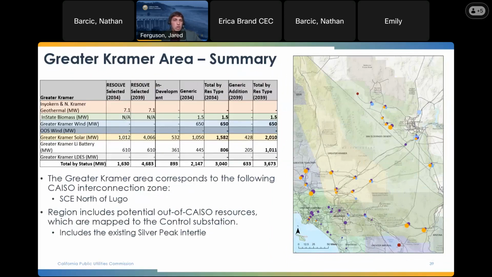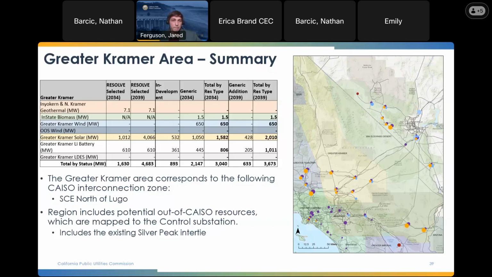For the greater Kramer RESOLVE region, it corresponds to the SCE north of Lugo interconnection zone. I'll note that this area does include the potential out-of-state interties at the Silver Peak existing intertie, but we generally map those resources to the Control substation in that area.